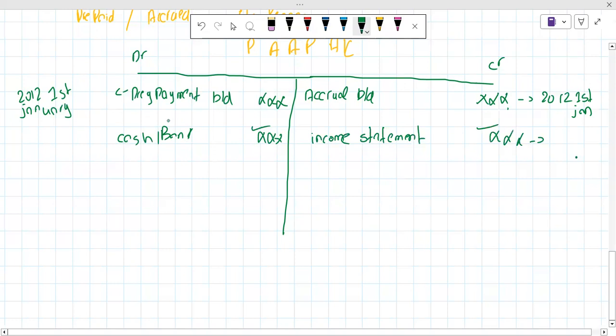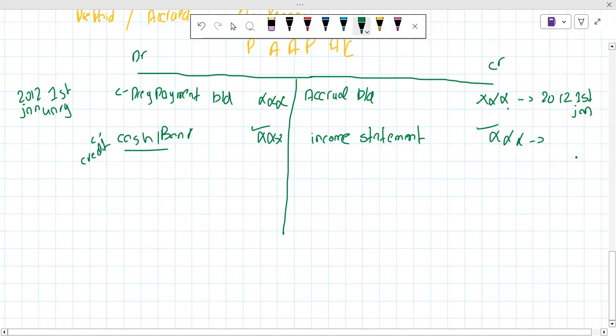So if we paid any expense during the year, it will come under the debit side. Why? Because the nature of expense is debit, and cash and bank would be credit.